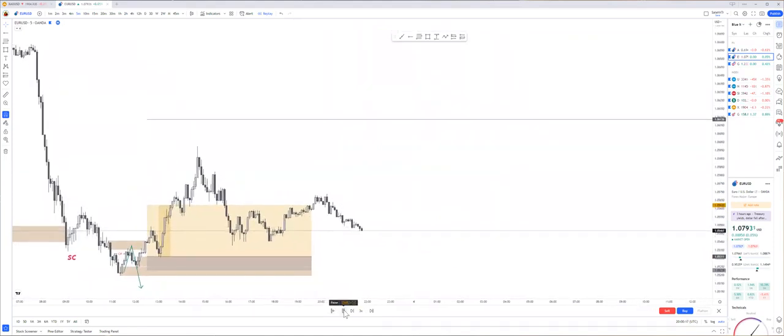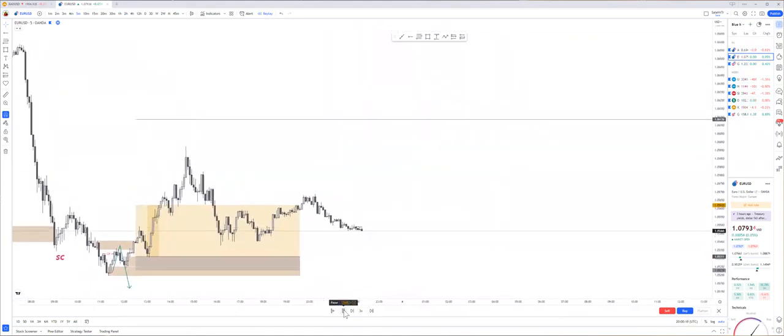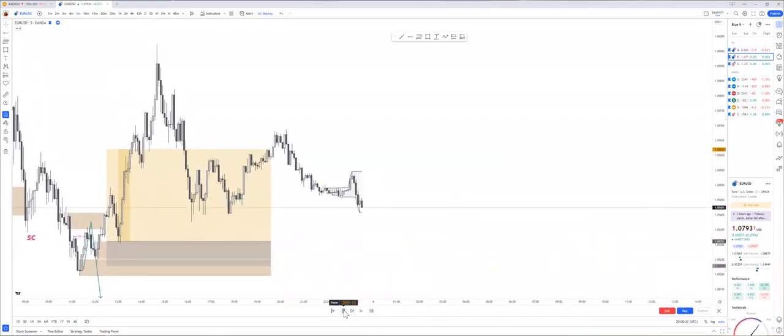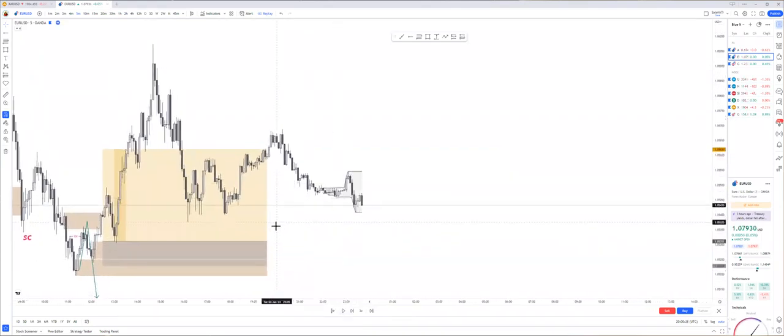So you can see here, I believe the Asian session is about to start. Yeah, there it goes. So the Asian session has started now. And what we're looking for in this area is a re-entry. So I want to get back into this move to take it up higher. I can see that there's an order block here as well.